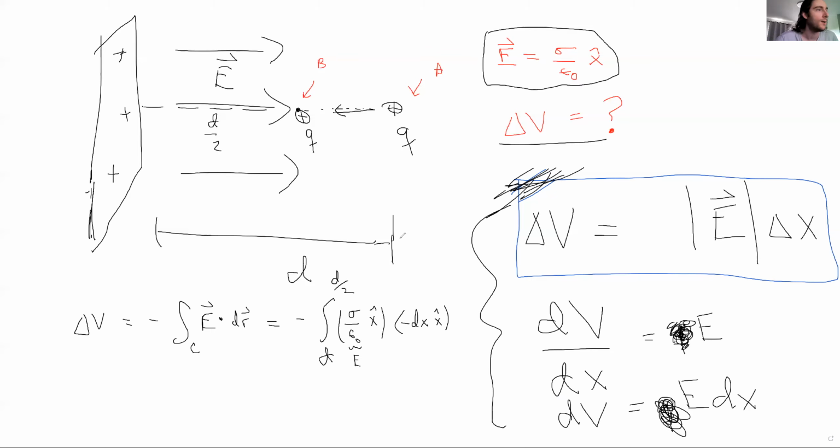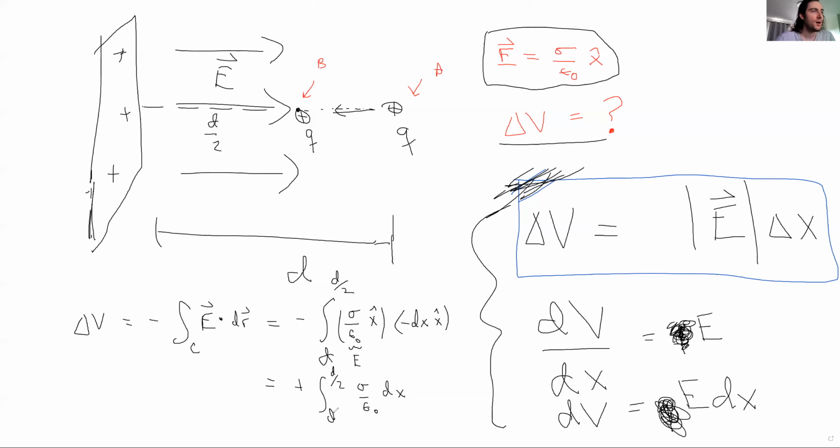Okay, so we've now got the dot product between x hat and x hat, and that's nice and easy, right? So the integral from d to d over 2 of sigma over epsilon naught times dx with a minus sign, so the minus changes the sign outside to a plus.